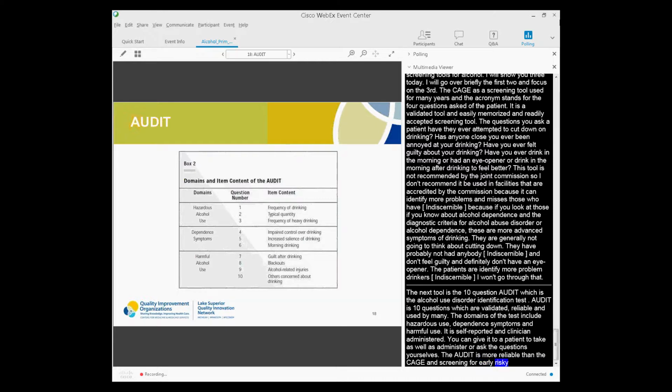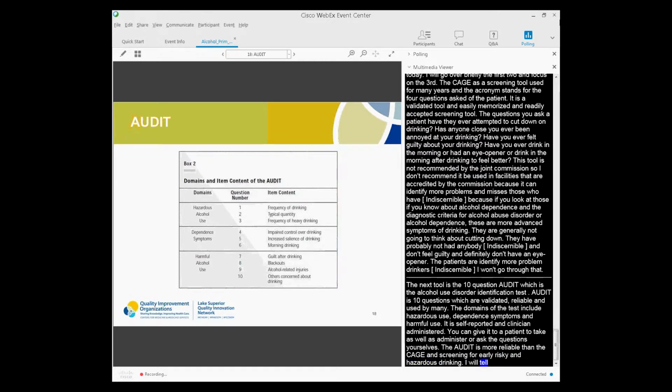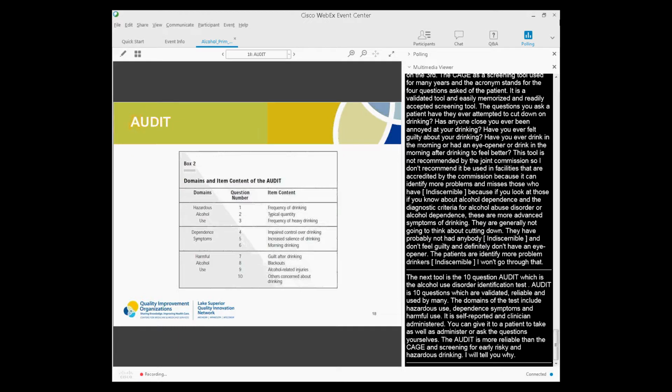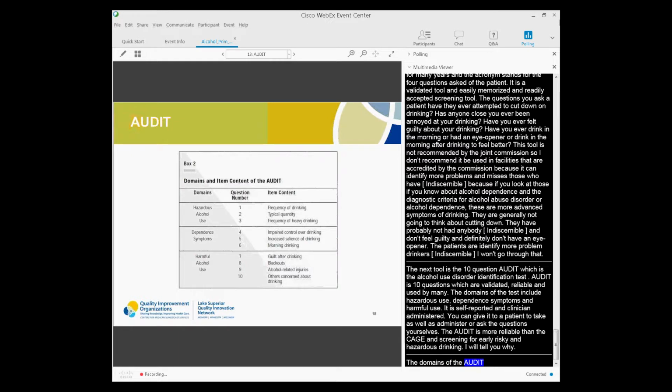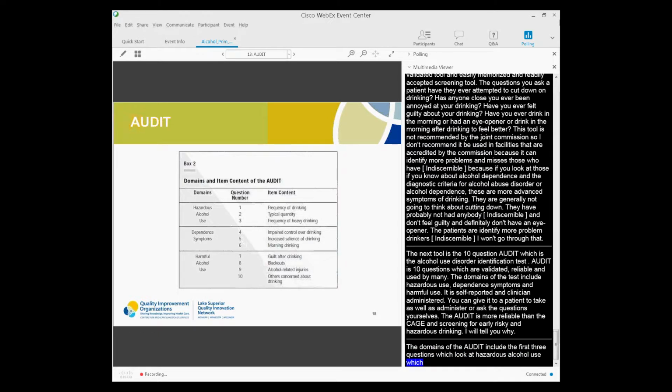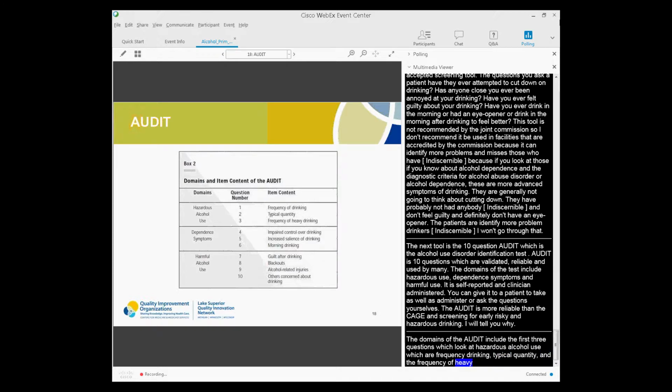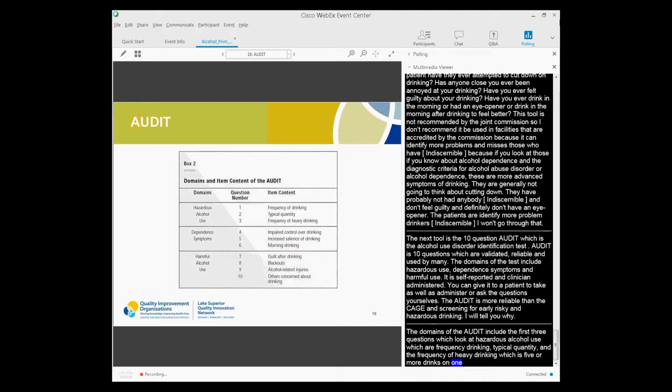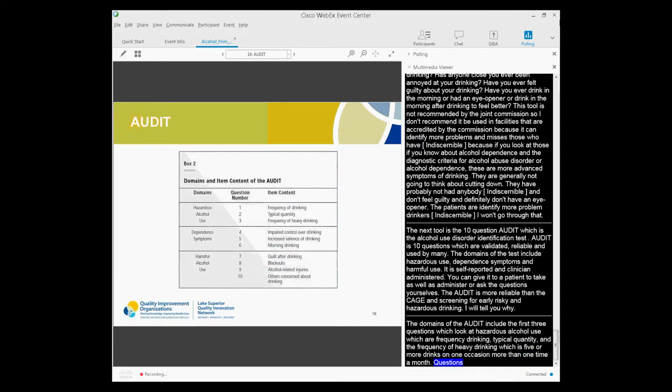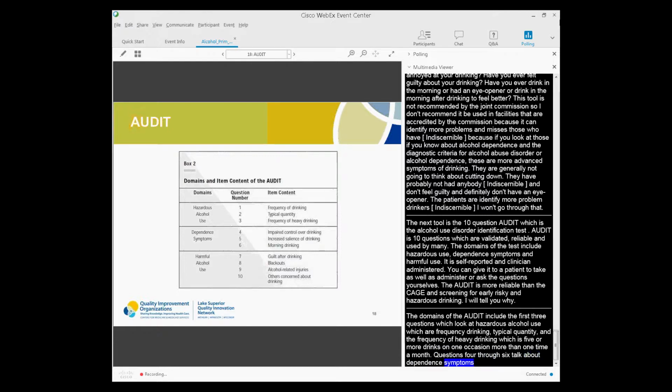The first three questions look at hazardous alcohol use: frequency of drinking, typical quantity, and the frequency of heavy drinking, which would be 5 or more drinks on one occasion, more than, I think, one time a month. Questions 4 through 6 talk about dependence symptoms, so impaired control over drinking or loss of control, and morning drinking.